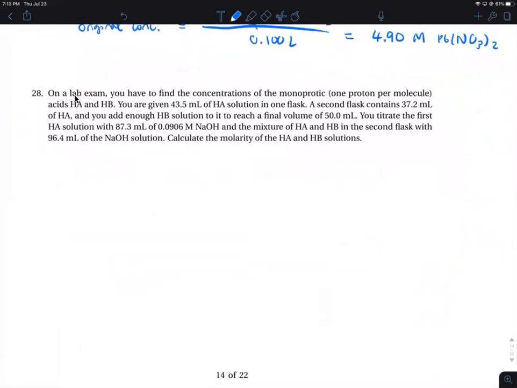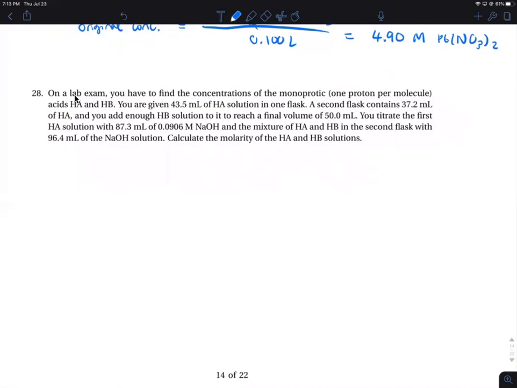Okay, so this one, all right, so we have monoprotic acids HA and HB. Okay, so we titrate with NaOH.